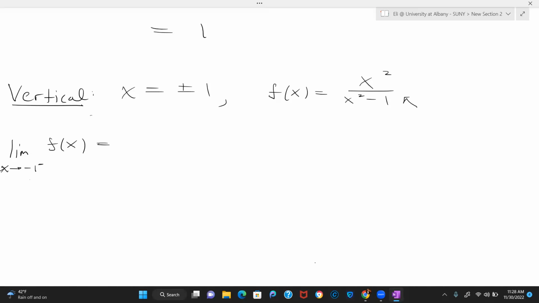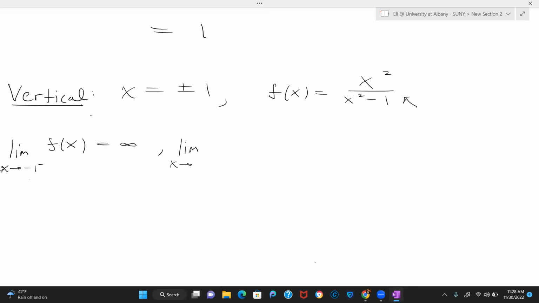So the numerator is not going to affect the sign of anything. Really, the sign is going to be determined by the denominator. And if you plug in, for example, -2 into the denominator, you'll get 4 minus 1, so that's positive. So this is going to go to positive infinity.